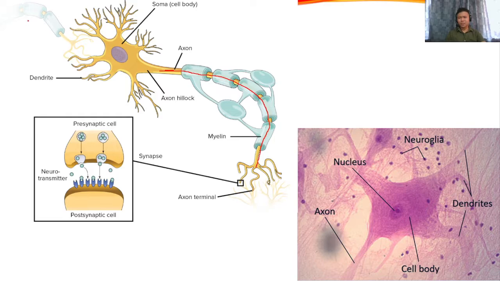So let's say, for instance, this is nerve cell A, nerve cell B, and nerve cell C. Nerve cell A has its dendrite and the cell body here, and here is its axon.